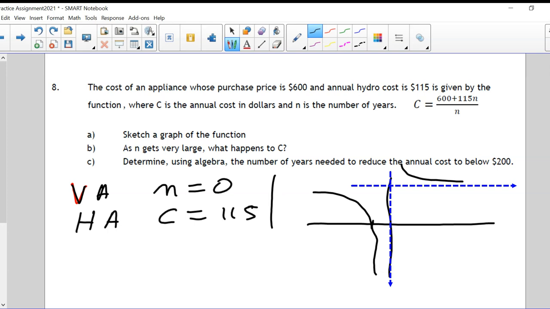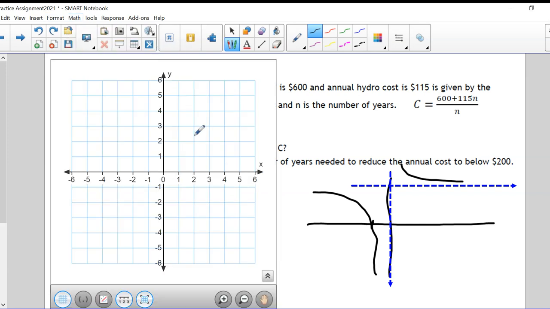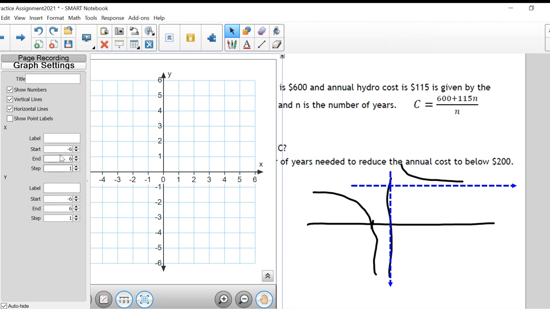So I'm going to do a little bit more refined version of this graph right now. I'm going to put a Cartesian plane in. I'm going to change this a bit here. Just give me a second to do that. I need to right click on here and change the properties.